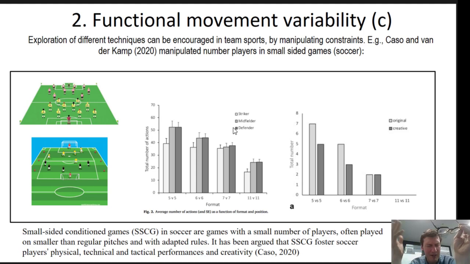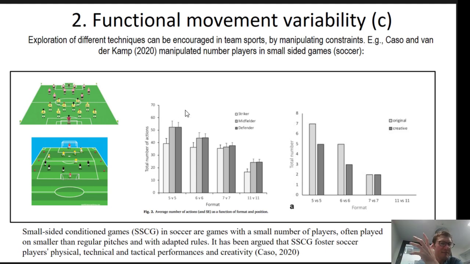And if you think about what that does, it means the ball's going to have to be kicked around a lot more frequently because people are going to be near to each other, so you can't really hold on to the ball. Big kicks aren't really that possible. So if you see this sort of situation with kids or what have you, there's a lot more contact on the ball and touches on the ball, right?